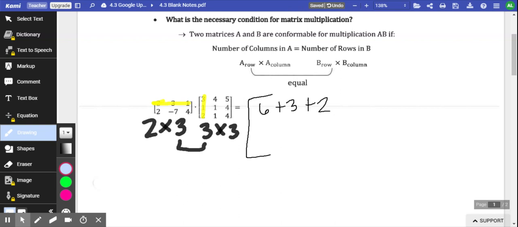And then you're going to take the first row and multiply it by the second column to find the second element. So you're going to do 2 times 4 is 8, and then 3 times 1 is 3, and then 1 times 1 is 1.